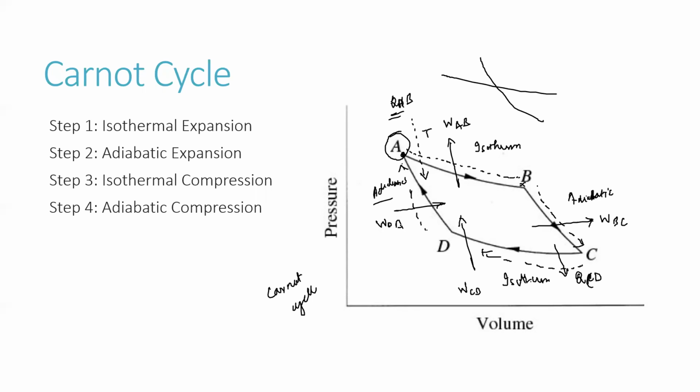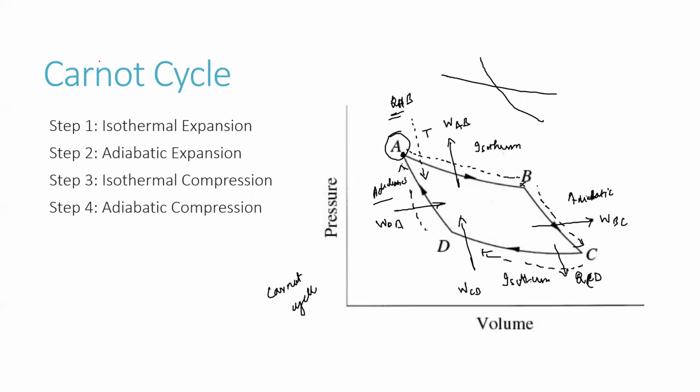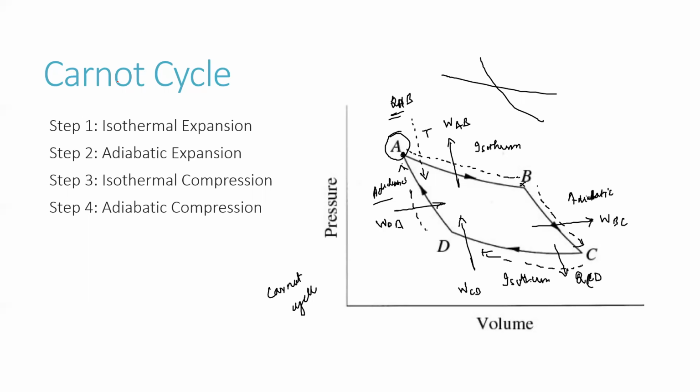So this is what happens in a Carnot cycle. When we talk about a Carnot cycle in general, keep this in mind: for Carnot cycle A, B, C, D, the net work done by the Carnot cycle would be work out minus work in.